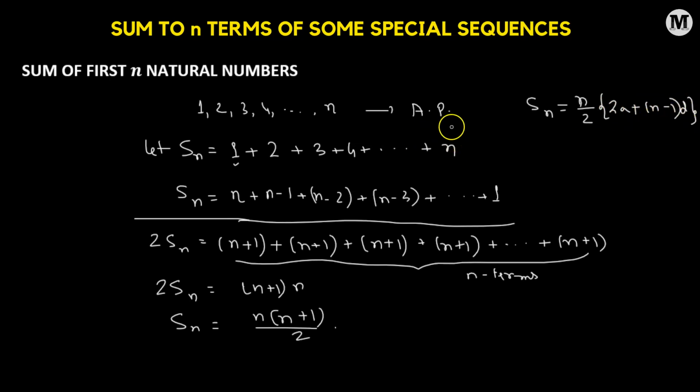Now since it's an arithmetic progression, we have n over 2 multiplied by, what is the first term here? The first term here is 1. So we have 2 times 1, that gives us simply 2, added to n minus 1 times the common difference d. The common difference is equal to 1. So when we simplify this, we get n multiplied by n plus 1 divided by 2. So this is another way of finding the sum of the first n natural numbers.